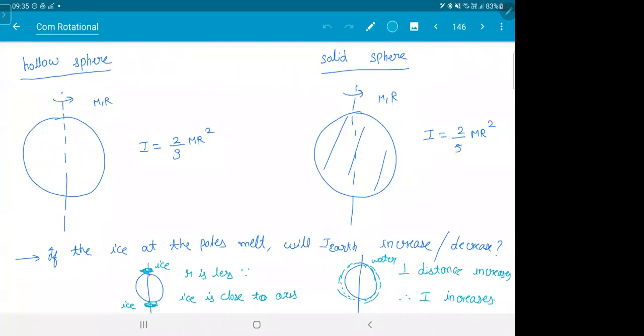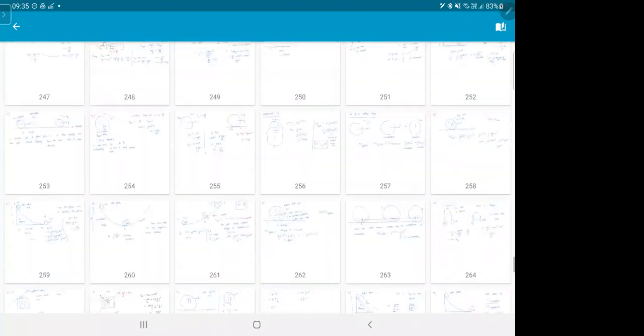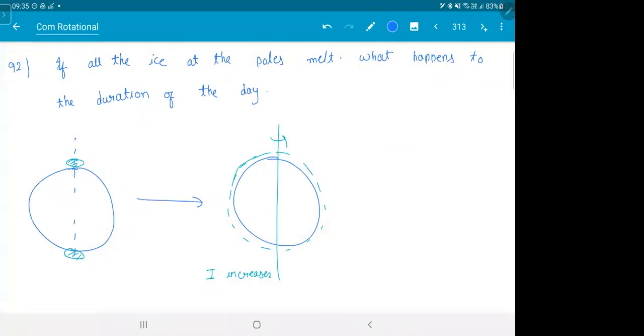If ice at the poles melts, the water will be spreading over, so distance increases, the moment of inertia increases. Okay, we did this thing here. Since there are no external forces, L is constant. That is, I omega is constant.